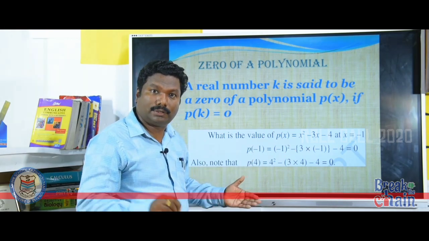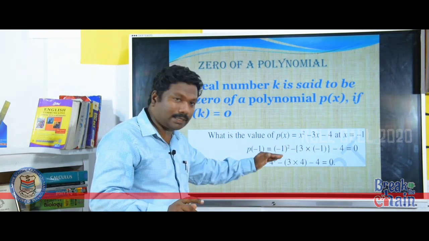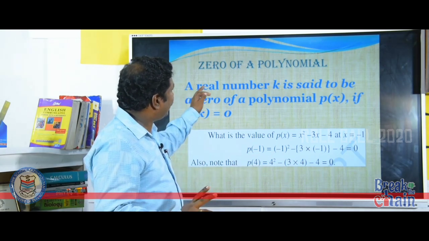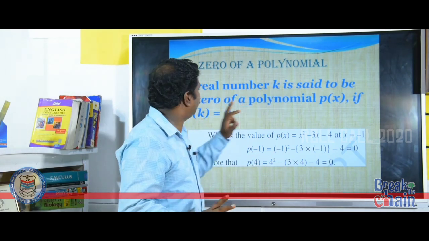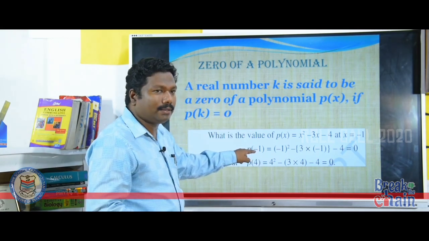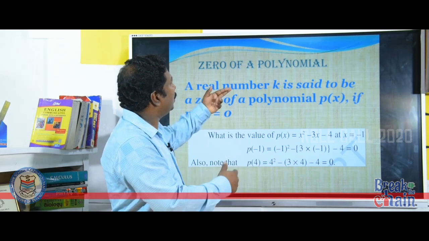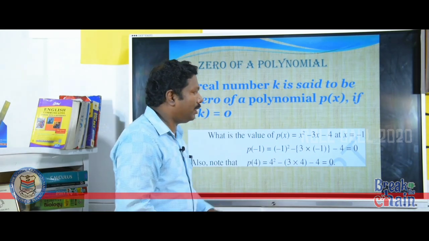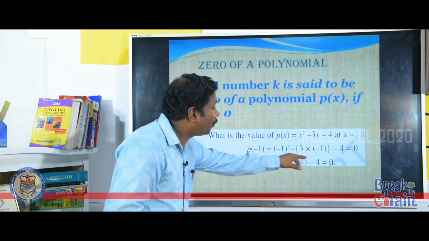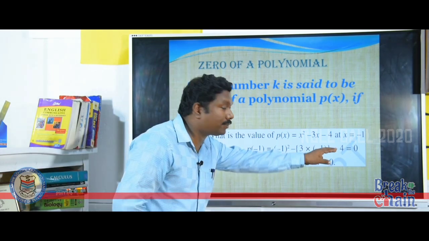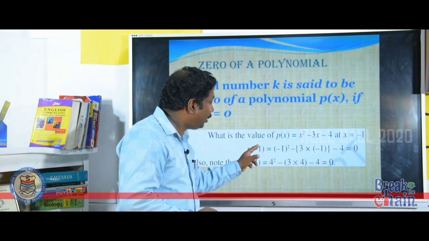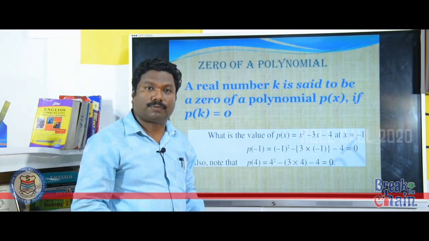Now with the help of this example, we can generalize the definition. A real number k, here minus 1 or 4, is said to be a zero of a polynomial P of x if P of k equal to 0. Here P of 4 equal to 0, P of minus 1 equal to 0. Therefore, minus 1 and 4 are zeros of P of x.